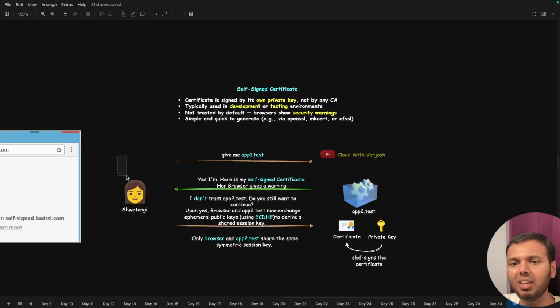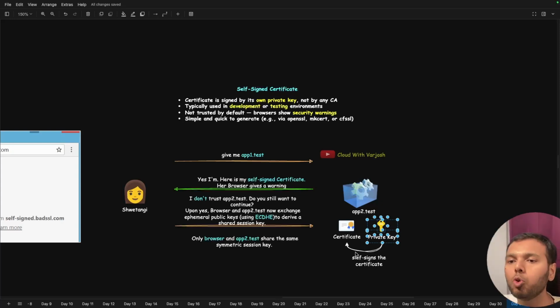For example, here I have a developer named Shwetangi. Shwetangi is working on app2.test, and .test is a well-known top-level domain that you can use for testing. Shwetangi generated a key pair, and then she signed the certificate using her private key itself. That is why it is called a self-signed certificate.